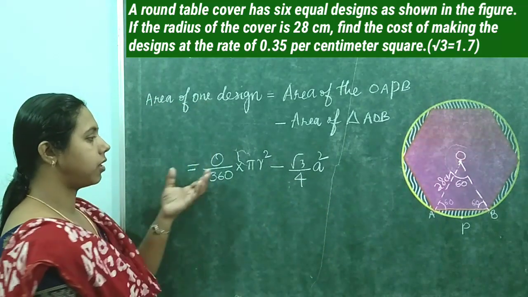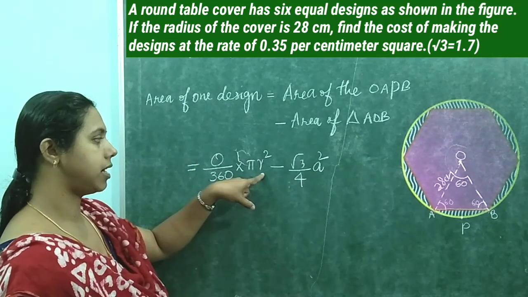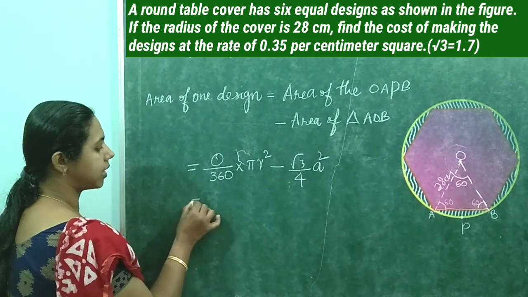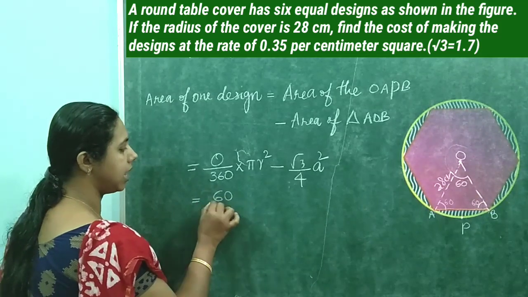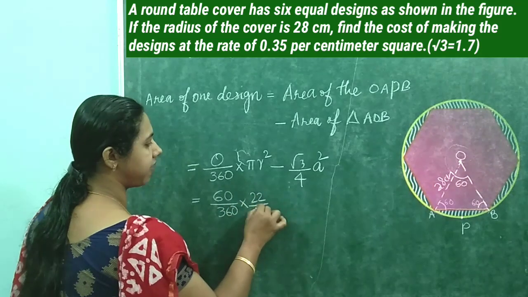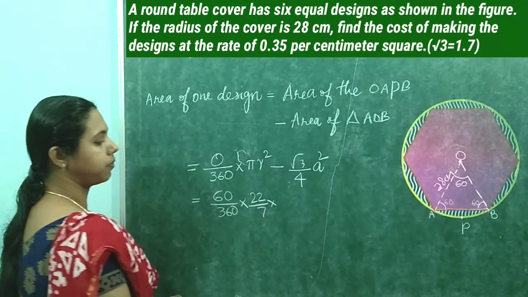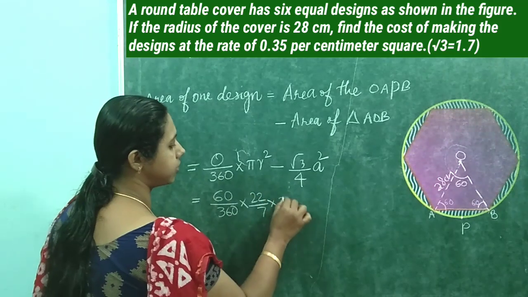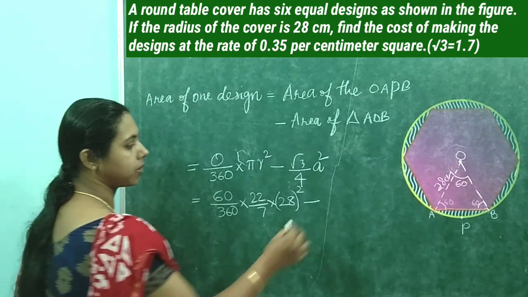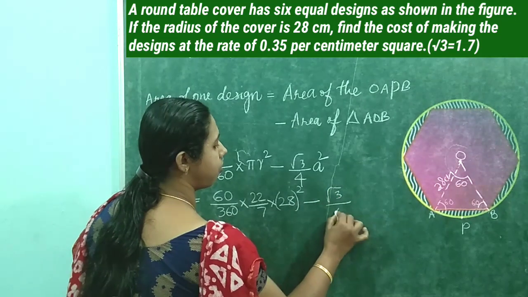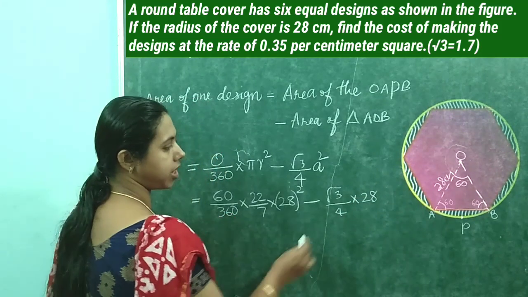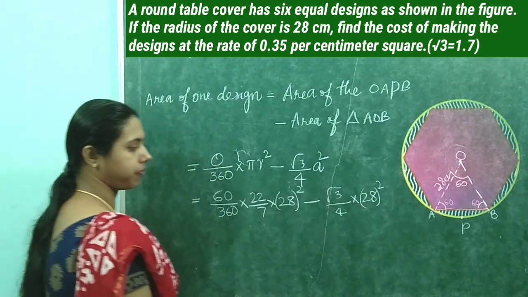So now we can substitute all values: 60 by 360 into 22 by 7 into r square, that is 28 square, minus root 3 by 4 into 28 all square, as 28 is the side of the equilateral triangle.